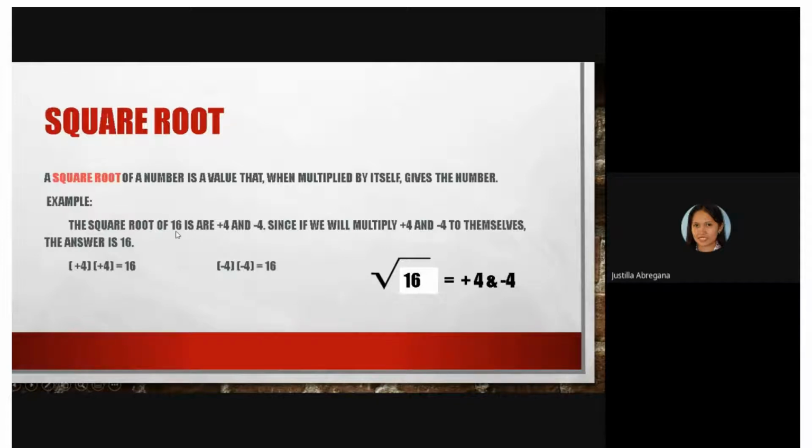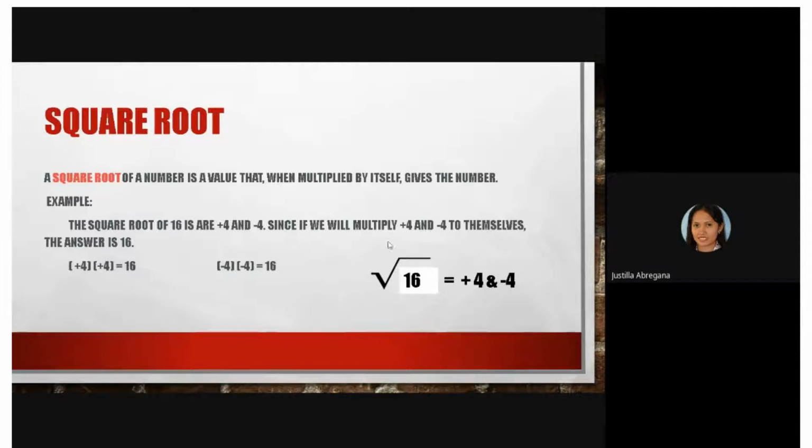The square roots of 16 are positive 4 and negative 4. Why? Because when we say square root, we find a number that, when multiplied by itself, equals 16. If we multiply positive 4 by itself, positive times positive equals positive, so positive 4 times positive 4 is positive 16.